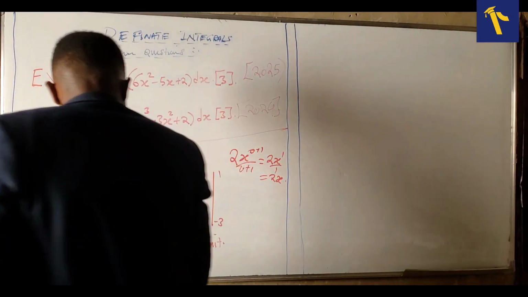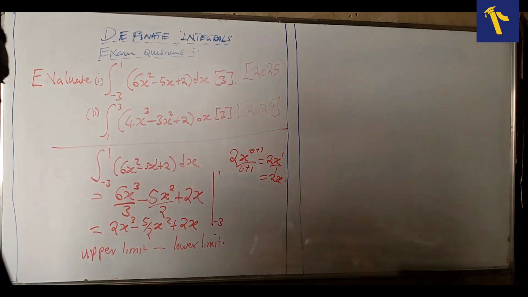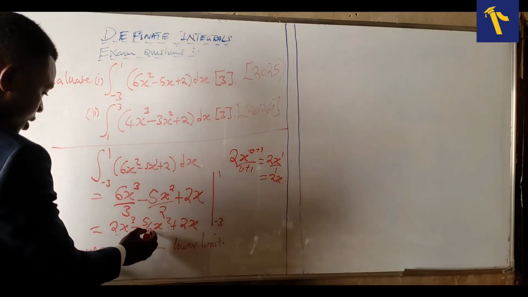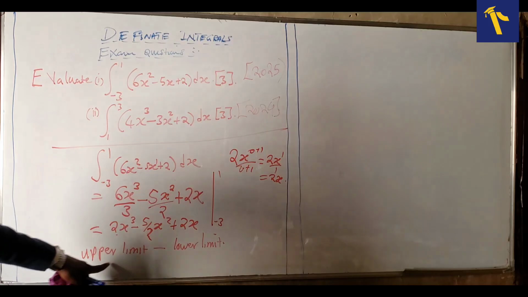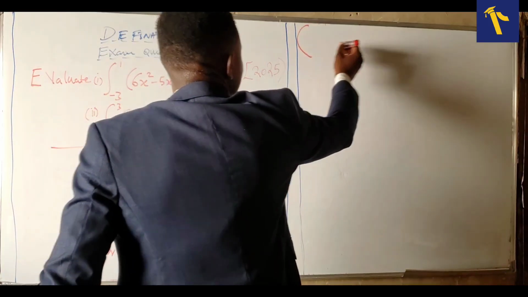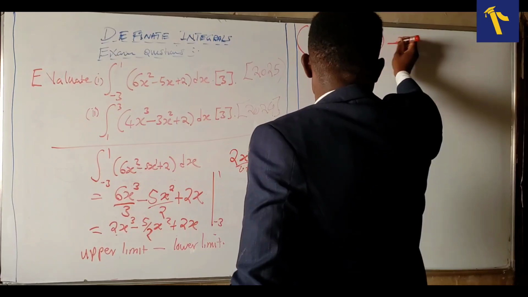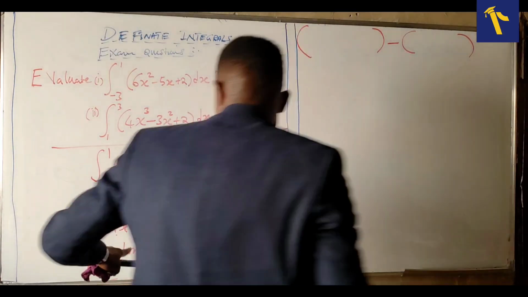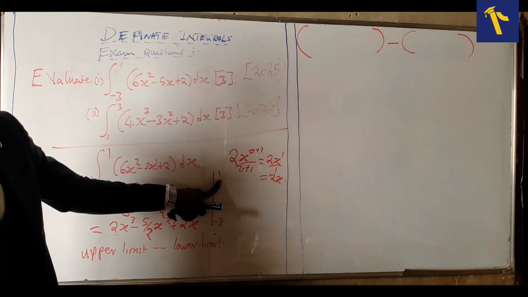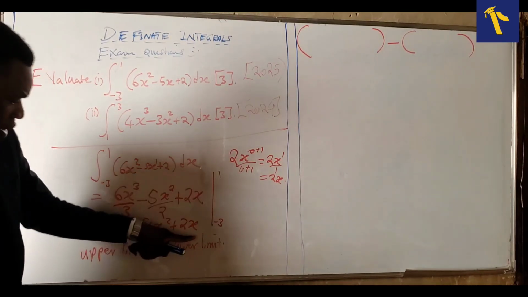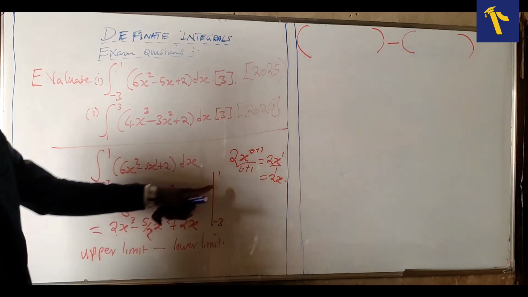This is my integrated function, isn't it? When I say upper limit minus lower limit, look how I'm doing it, minus, like that. My upper limit is the one on top, which is 1, so I'll substitute it in my function. Wherever there is x, I'll put what?